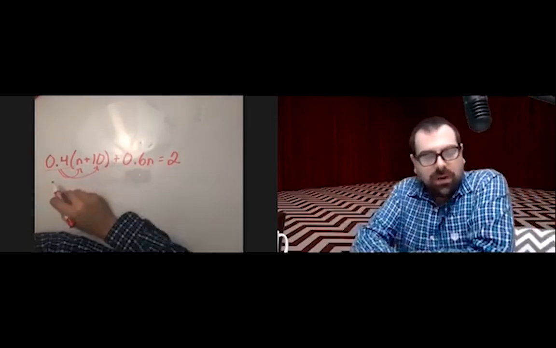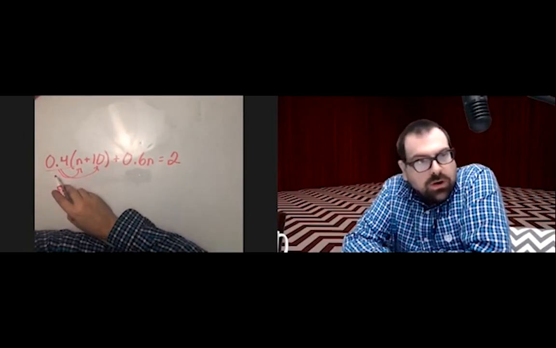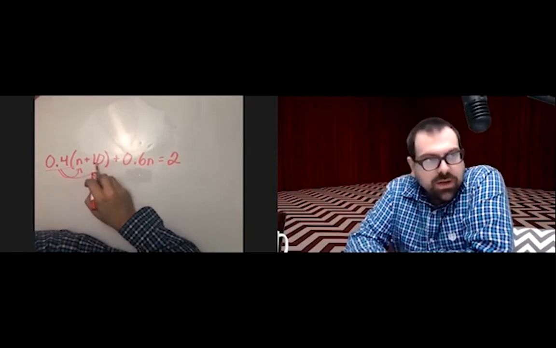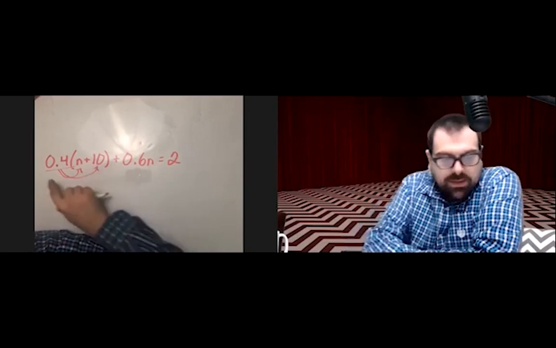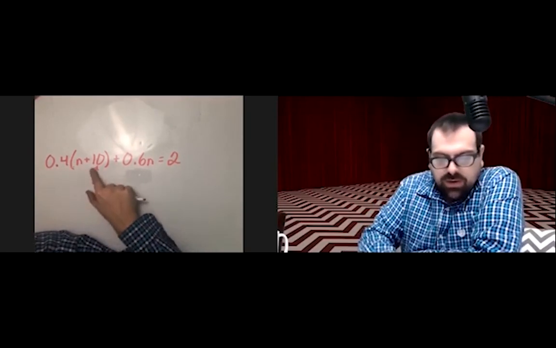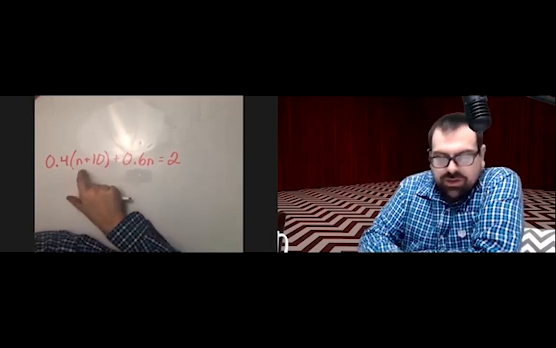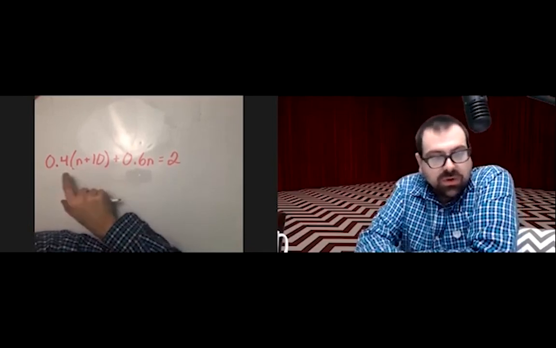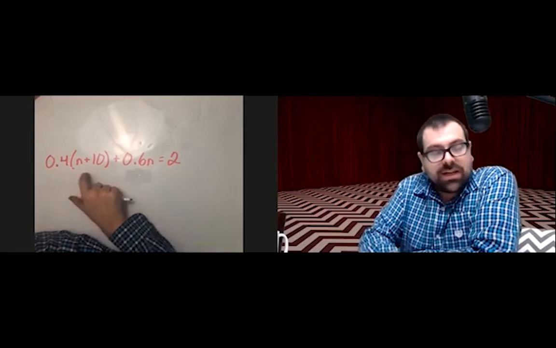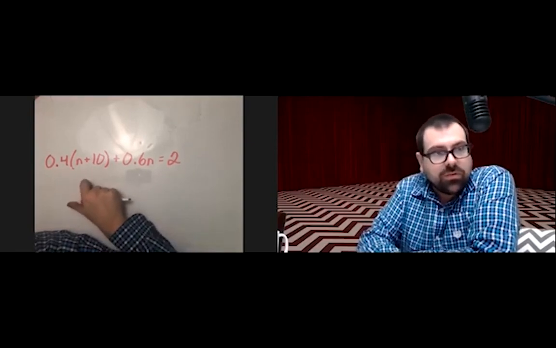Normally, when we do this problem, this 0.4 would get distributed to both of these terms. Keeping that in mind, when we're going to do our decimal trick, we're not going to touch what's inside the parentheses. We're only going to move the decimal out here because the distribution is going to take care of filtering it through to the inside.